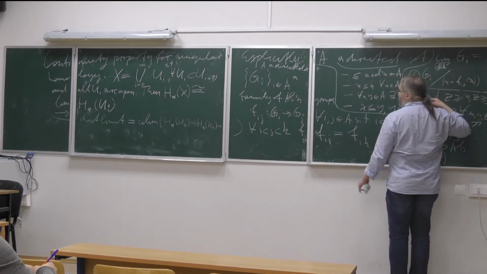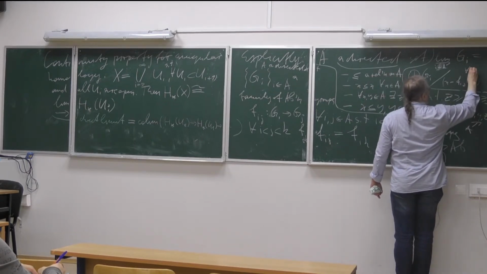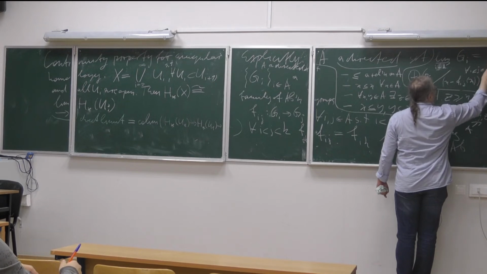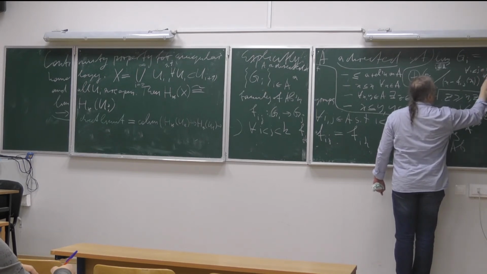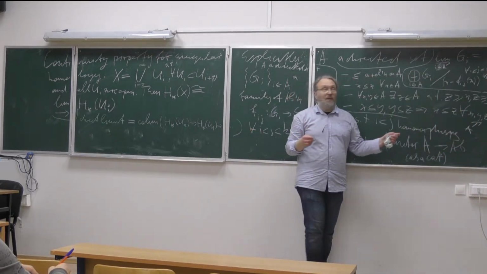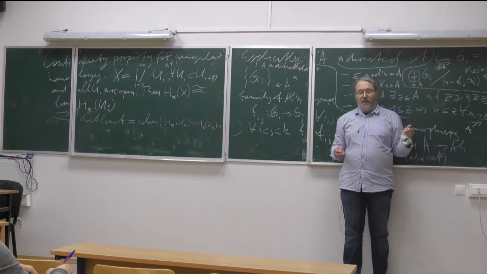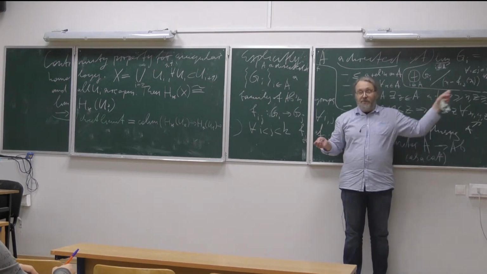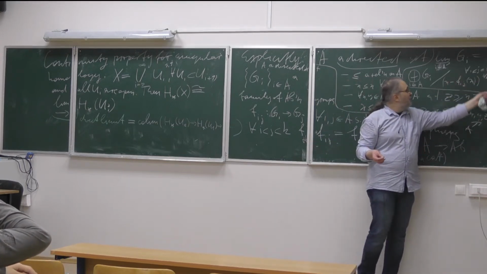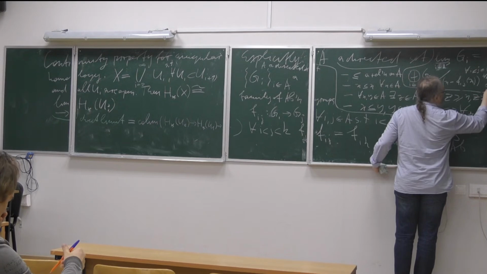And then inside this direct sum we take the subgroup generated by all differences x minus f_ij of x, where i and j are arbitrary elements of A such that i < j, and x is an arbitrary element of G_i.